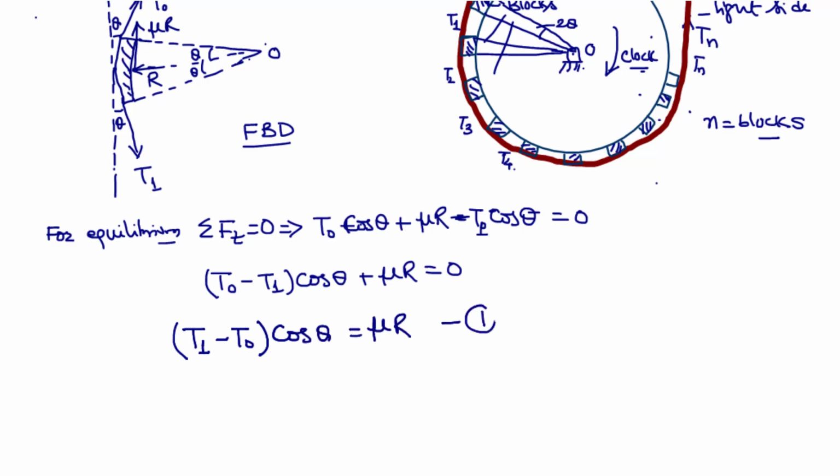This equation is the first. And the second equation, the radial component, should be equal to 0.